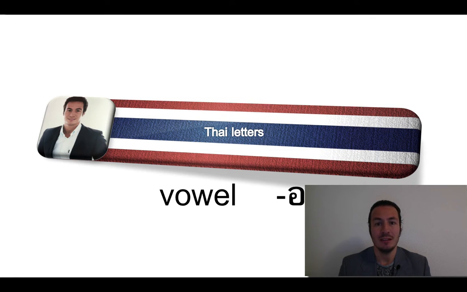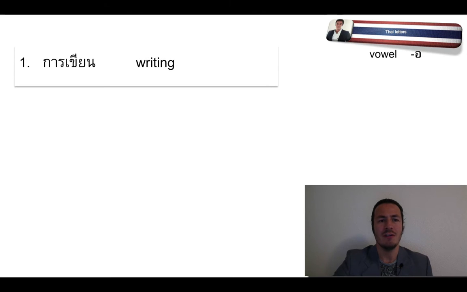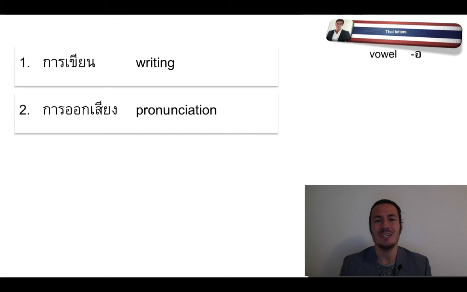Hello and welcome to Thai Letters. Today we'll have a look at the long vowel in Thai language. Okay, first of all, we'll have a look at การเขียน, the actual writing of this vowel by hand, of course. Secondly, we'll see how to pronounce the vowel, so การออกเสียง, how to pronounce it.